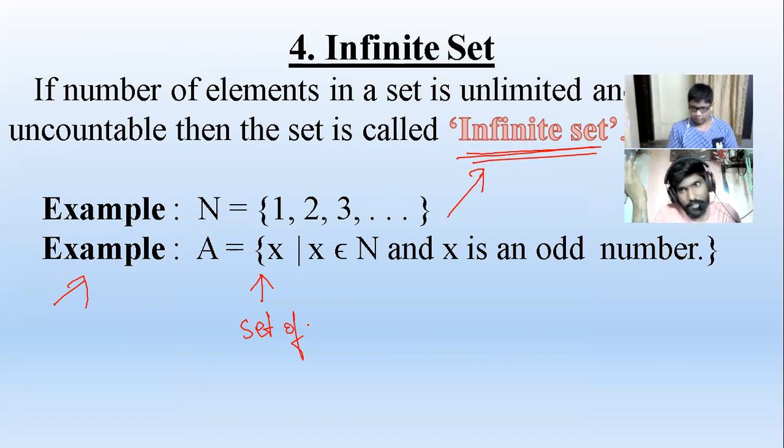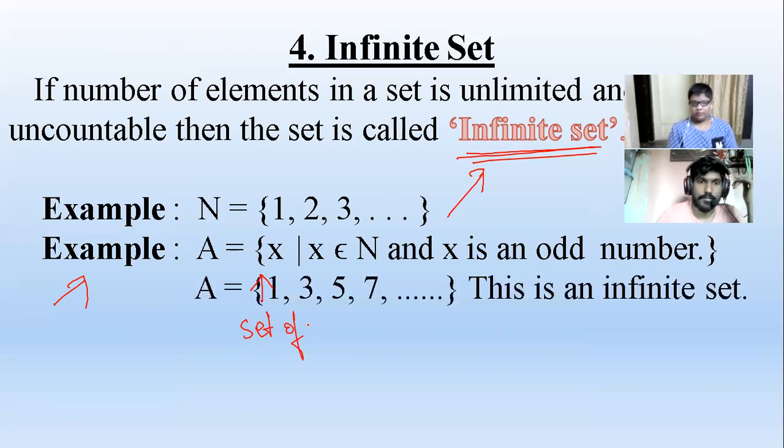Curly bracket is read as set of. Now, will this set be finite or infinite? X is an odd number. Infinite. Set of odd numbers. Yes, infinite. So if I write this in the roster form, it will look like this: 1, 3, 5, 7, dot, dot, dot, never ending. So this is an infinite set.